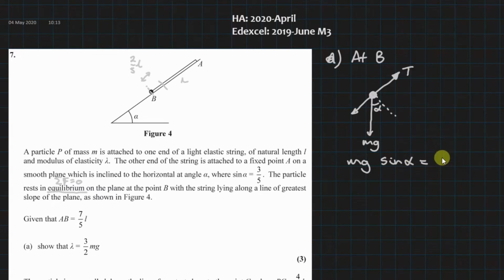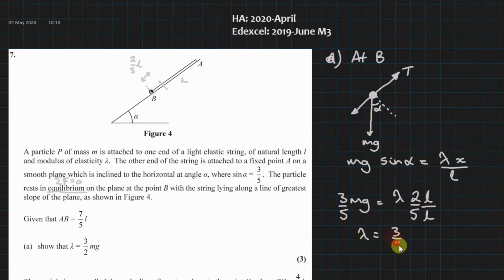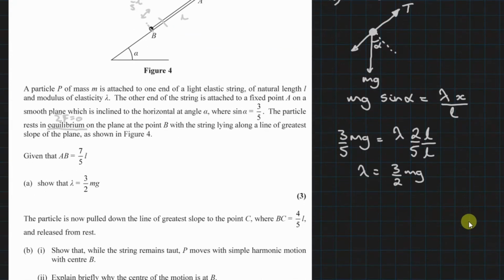And tension is lambda x over L. The extension, like I said, is 2/5 of L, and we know sine alpha is 3/5. So 3/5 of mg is equal to lambda times 2/5 of L over L. Rearrange and we get lambda equals 3/2 mg. That had to be shown. You can say quod erat demonstrandum if you like.